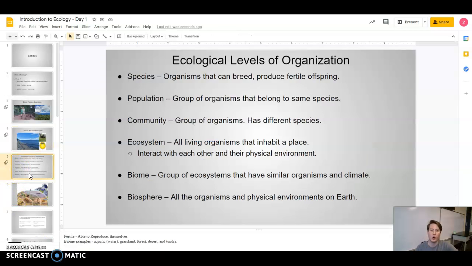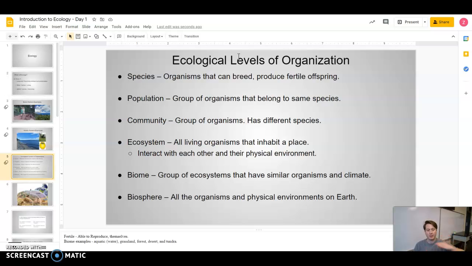Now, it's important to know that there are many levels of organization in ecology, ecological levels of organization. And we start off with species, organisms that can breed, they can mate, they can cross, they can produce fertile offspring. Fertile meaning that those offspring can go on to reproduce.